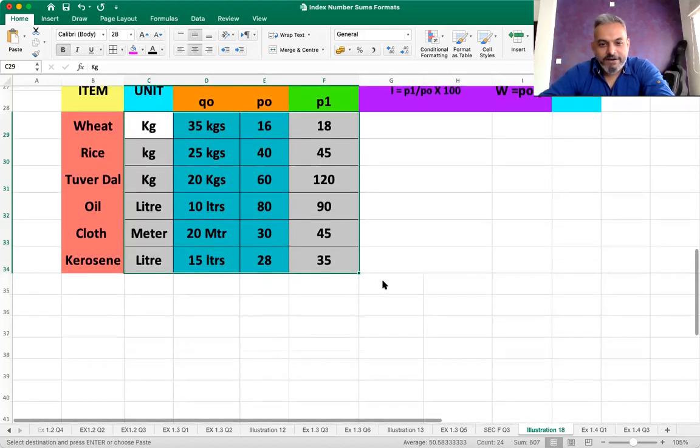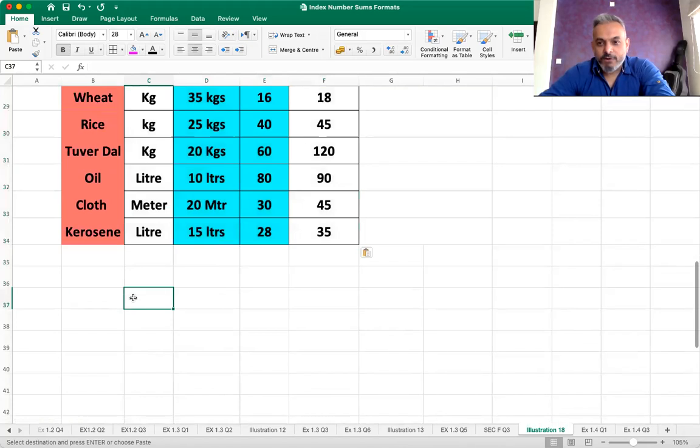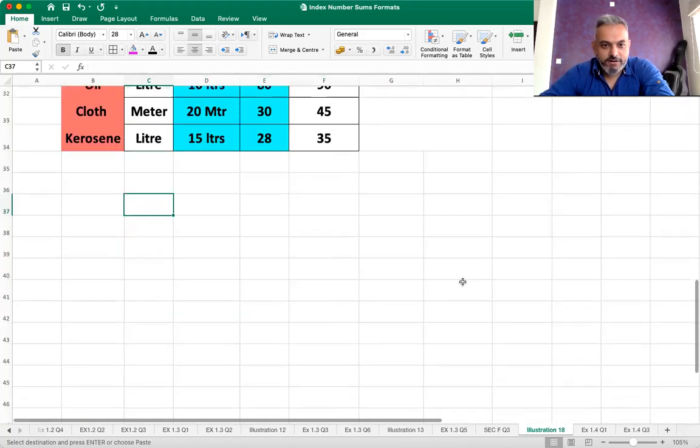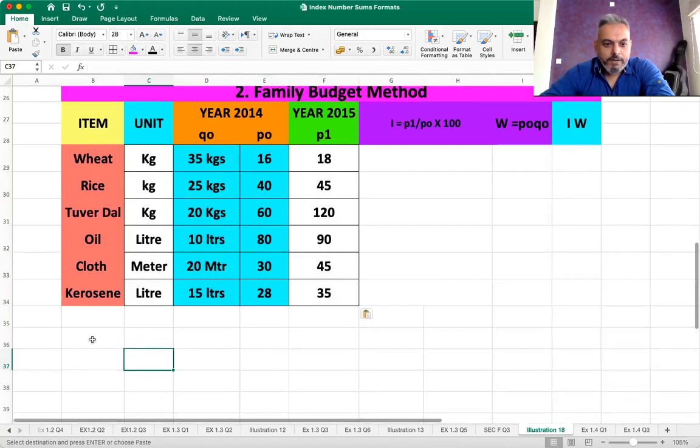Now, first let me write the formula so that you understand it and then we go for the calculation.